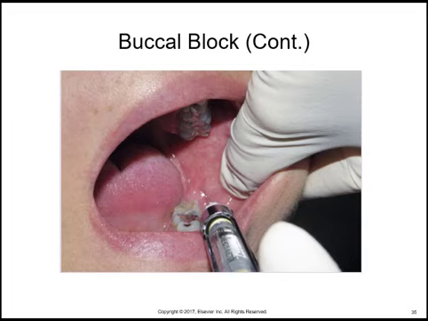The depth of penetration, like I said, is only a few millimeters, 1 to 4 millimeters. The deposit location is the long buccal nerve as it passes over the anterior border of the ramus. The amount of anesthetic to deposit is approximately 0.3 mL, 1/8 to 1/4 of a cartridge, and the length of time is approximately 10 seconds to administer that.